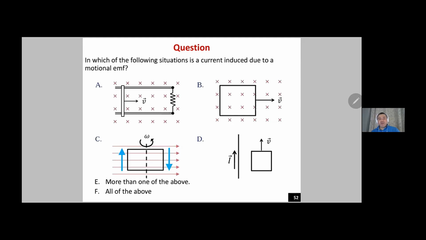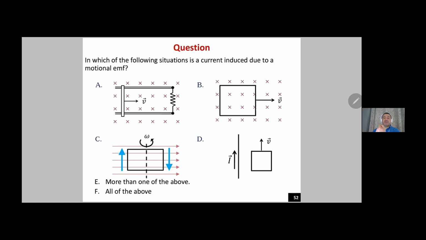So if it's decreased into the screen, which basically means it will be in the opposite direction, there will be an opposing magnetic field trying to compensate for this loss. So the opposing magnetic field will compensate for this loss, and that's why it will be going into the screen.